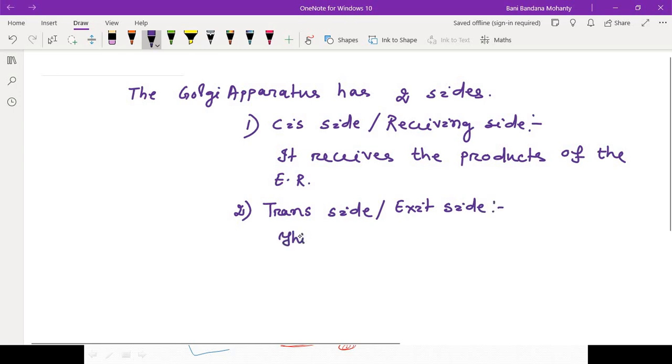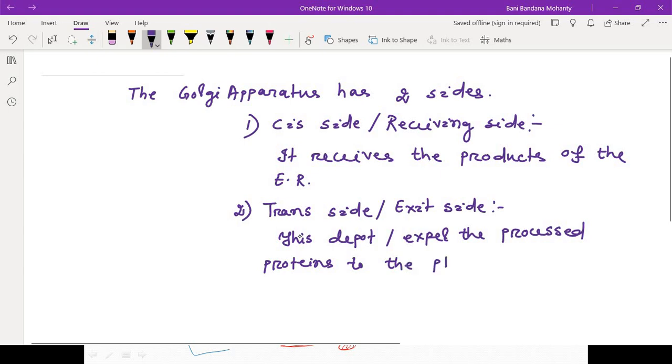This depots or expels the processed proteins to the plasma membrane.